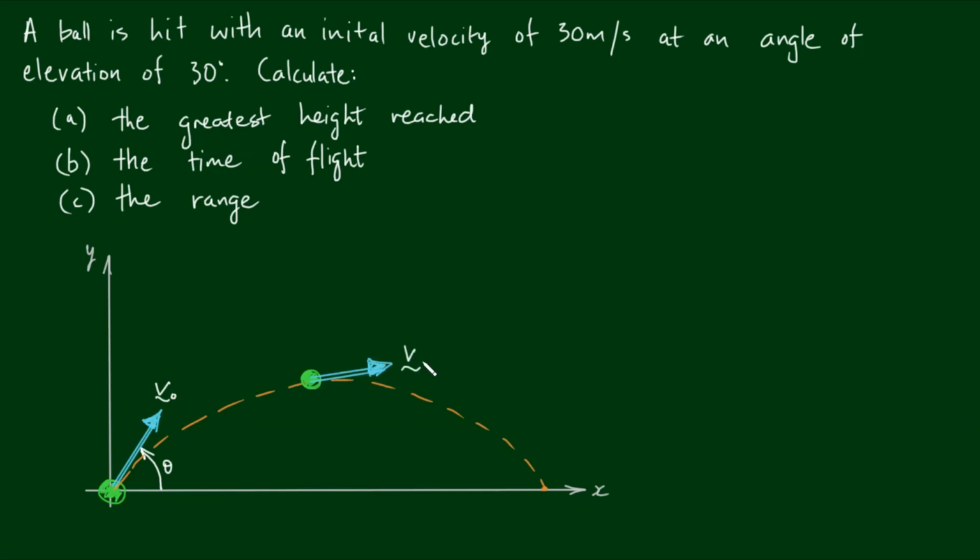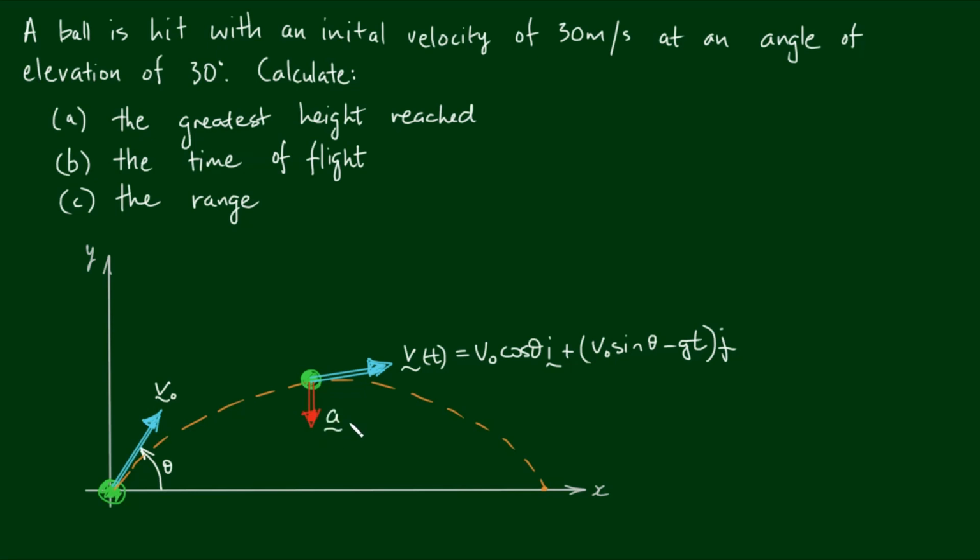So the velocity is simply expressed as the initial velocity by the cosine of the launch angle in the i direction plus the initial velocity by the sine of the launch angle minus gt in the j direction.